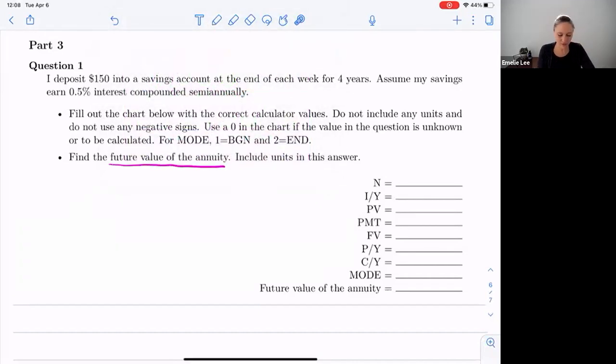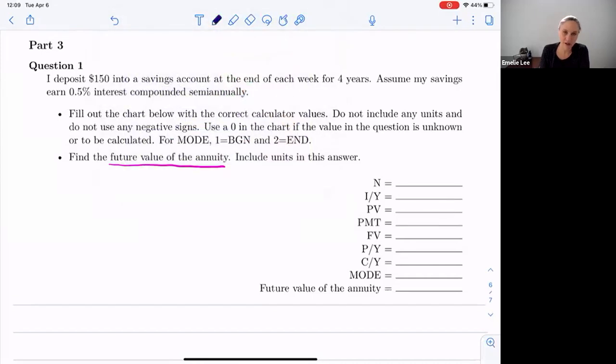But whenever I'm making deposits, I'm investing some money, I will be finding the future value. There's no other thing I might be finding, right? But here it tells you what to find, so should be okay. Let's just go through here again, jot down what we know into our calculator entries, and then we'll do the calculation. See where it gets us.